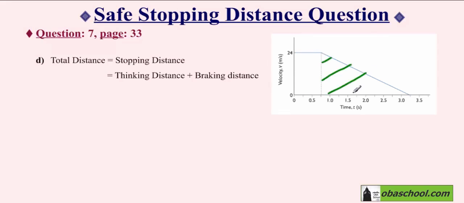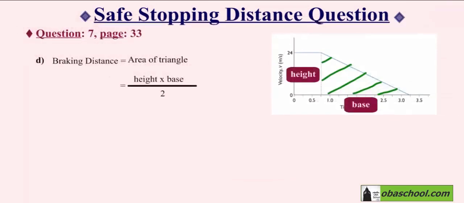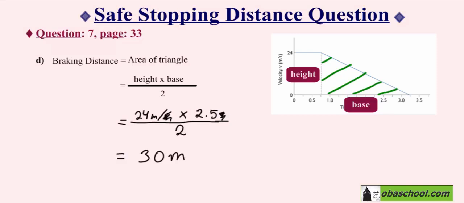The braking distance is this green area. It has a triangular shape. So to get the area of a triangle, it's the height times base over 2. From the graph, we get it. Height is 24 meters per second. The base is 2.5, over 2, which is equal to 30 meters.